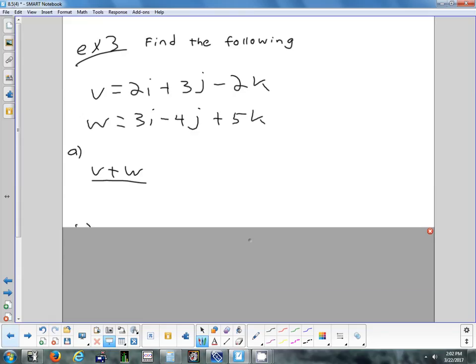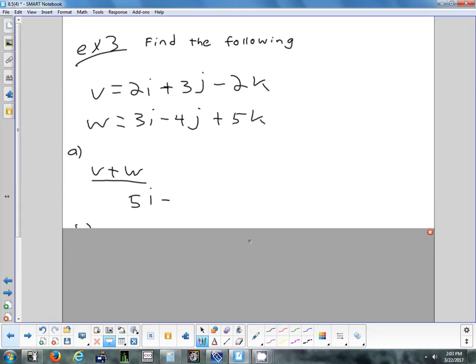All right, so let's do V plus W. Okay, so Jacob, if I do V plus W, what would my I component be? 5. Yep, I get 5I. And Brad, if I'm still adding them, what would be the J component? -1.